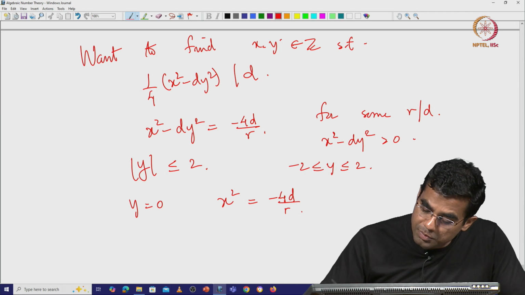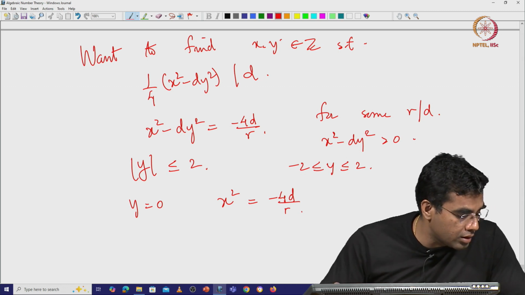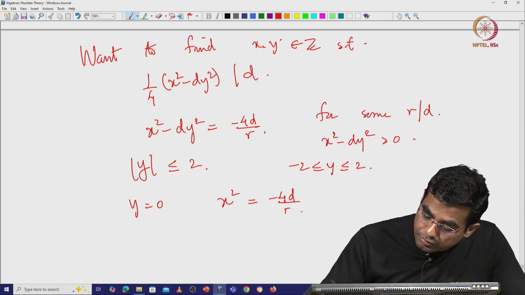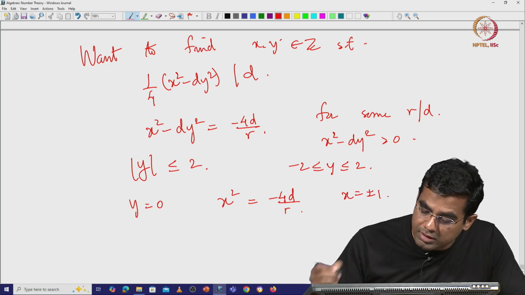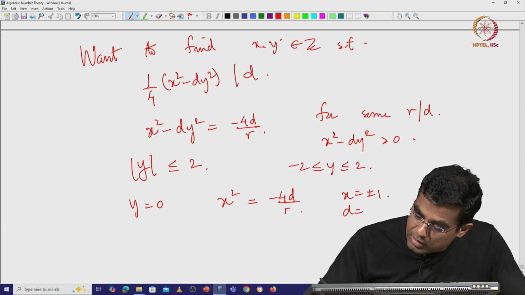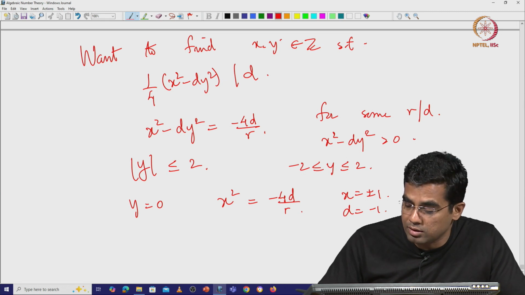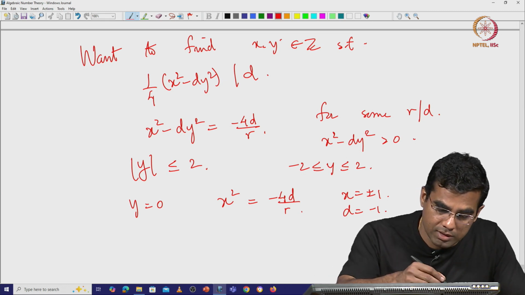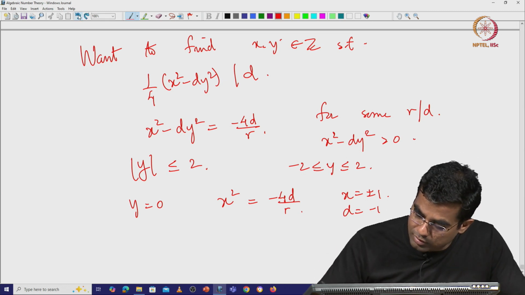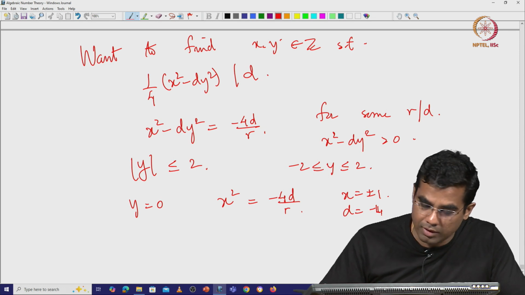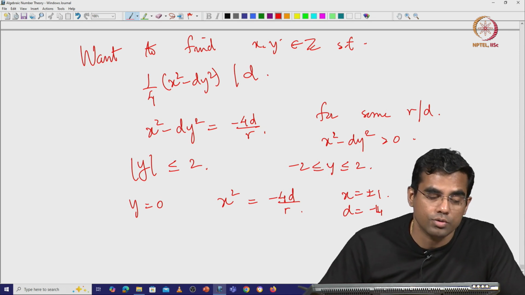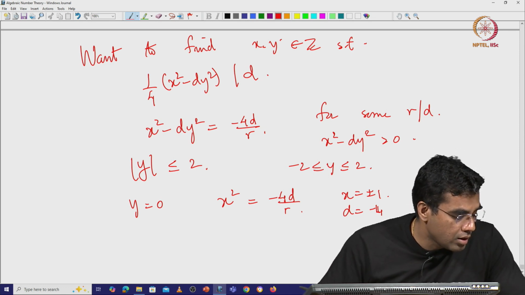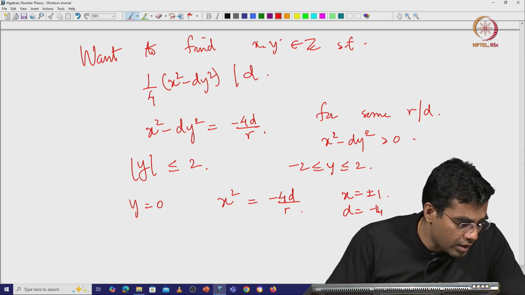So this means that in this case the only solution is x is equal to plus or minus 1 and d is equal to minus 1, yeah, not minus 1 but minus 4, right.